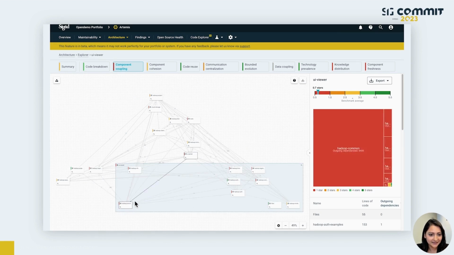So we could see that not only is the top level coupled with the rest of the system, but also the modules or the subcomponents within the UI Viewer also have dependencies across the system, which actually leads me to believe that there might be some business logic lying within the front-end layer, which is an architectural anti-pattern. And this does not look like it would be easy to refactor this front-end layer without impacting the rest of the system.